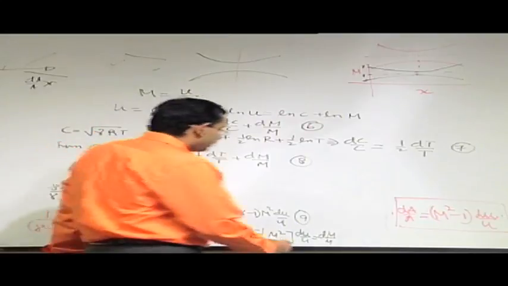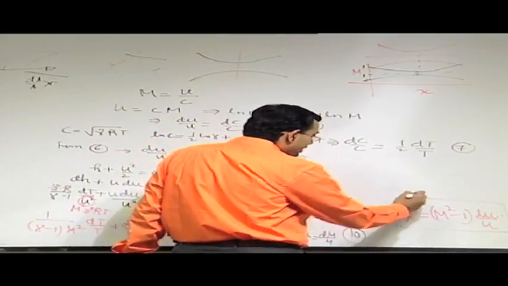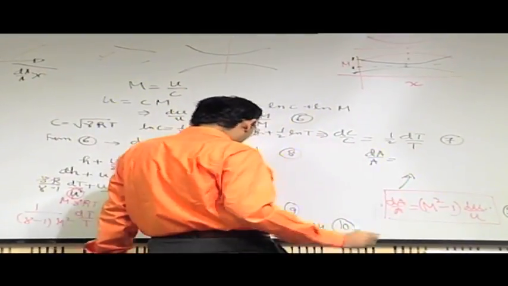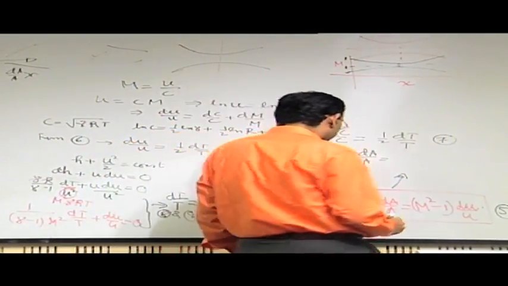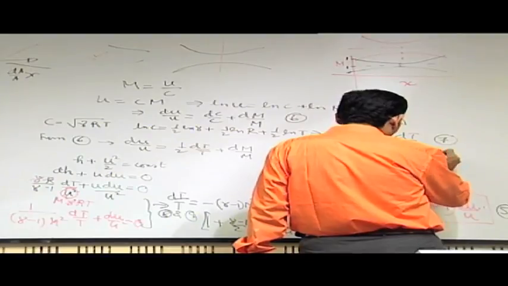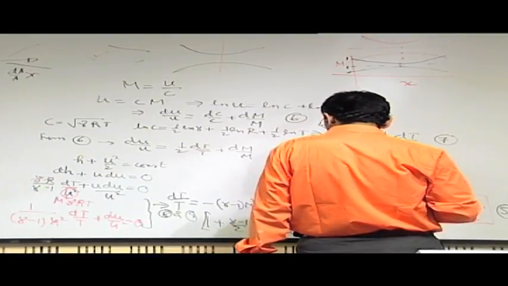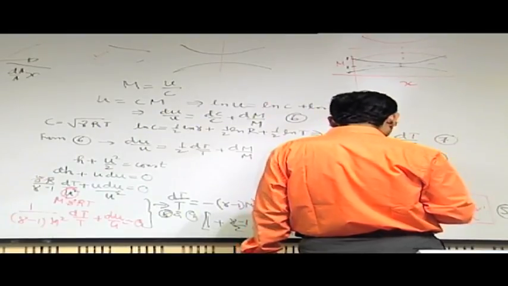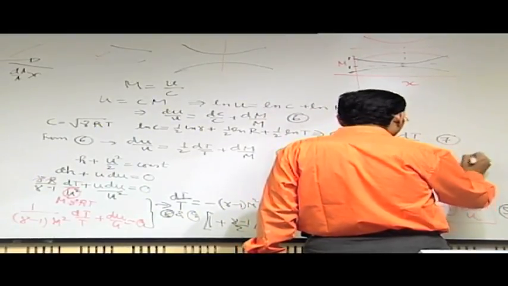So, that we may substitute in equation number 5 to get dA by A is equal to m square minus 1 into, in place of du by u, we may write dm by m.